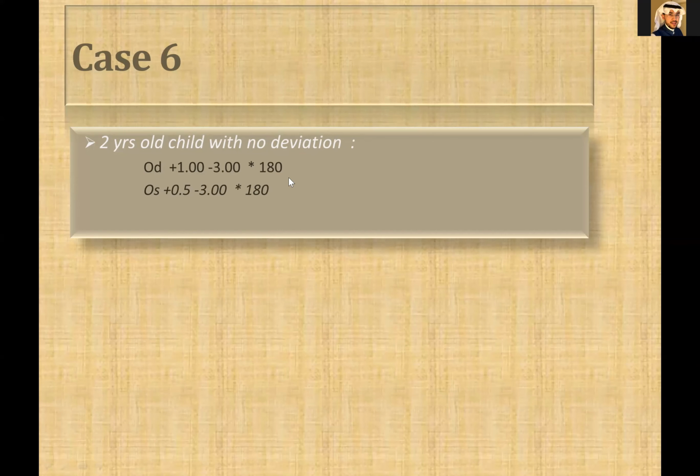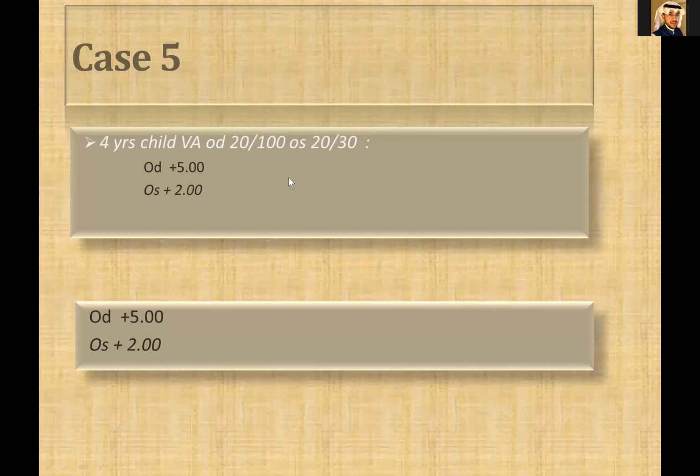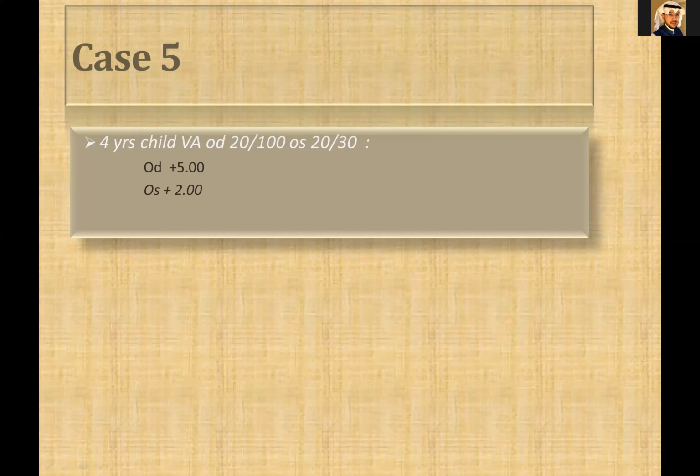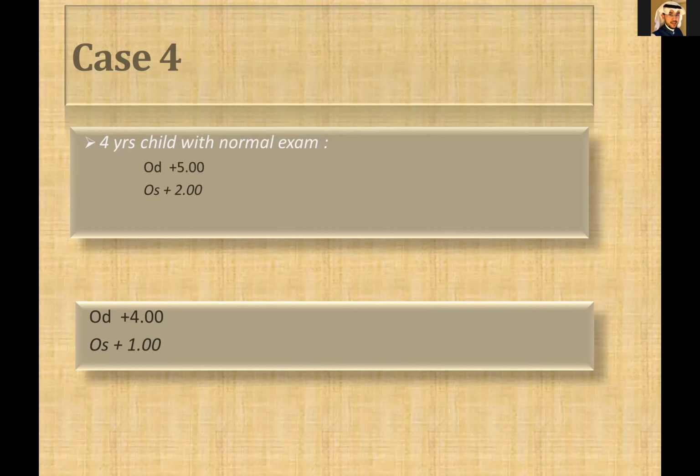دكتور سيف ممكن سؤال بالنسبه للبريفيوس كيس. We said let's say here with amblyopia we give the full correction as a rule, but if you notice in the previous example, case number 4, here you undercorrect the child, and the reason is that because the child will have accommodation and he will accommodate for 1 diopter in the left eye, and subsequently will accommodate 1 diopter in the right eye.